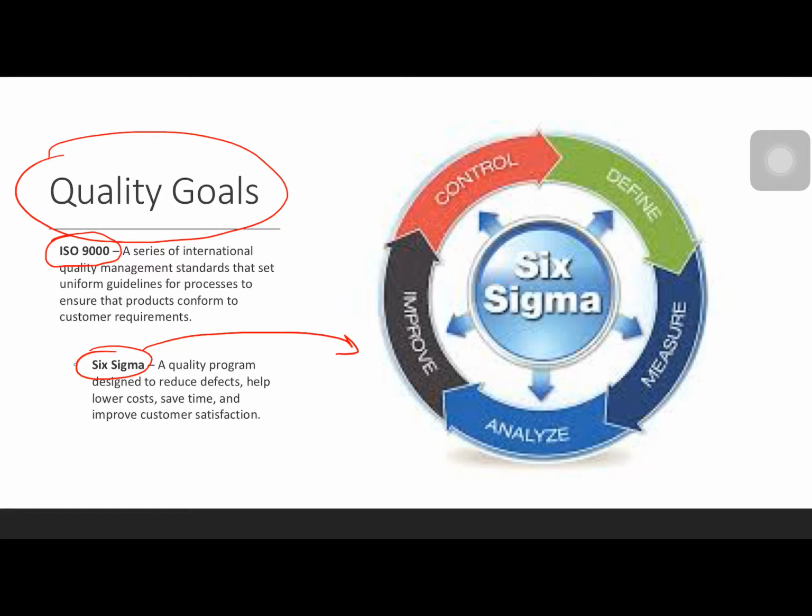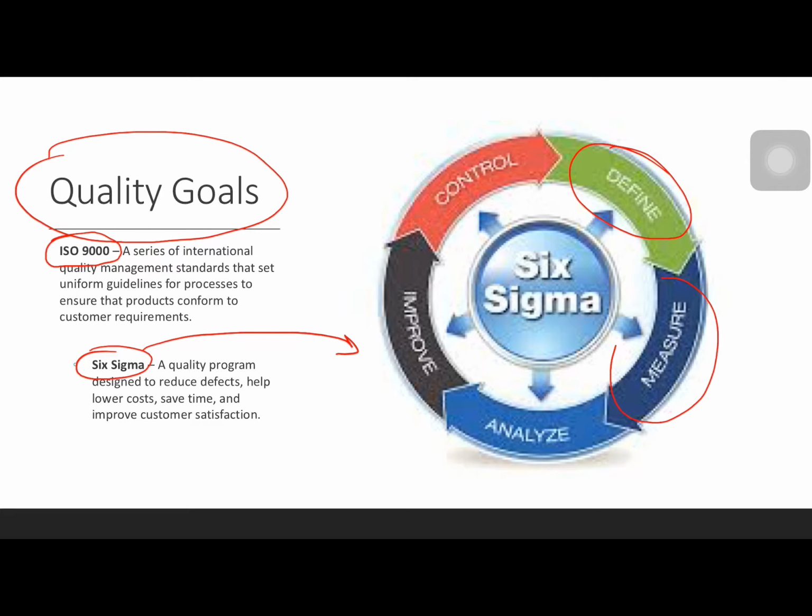So during the process of inputs to outputs, first of all, you need to define what am I trying to achieve, what exactly customer wanted, what exactly as an organization I wanted to achieve. That's what you call defining.